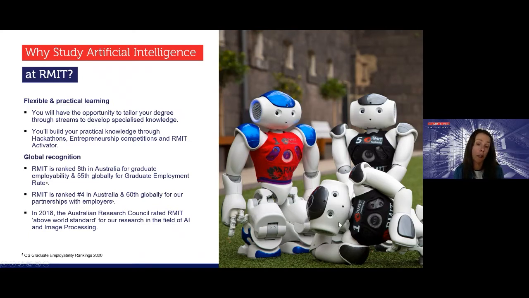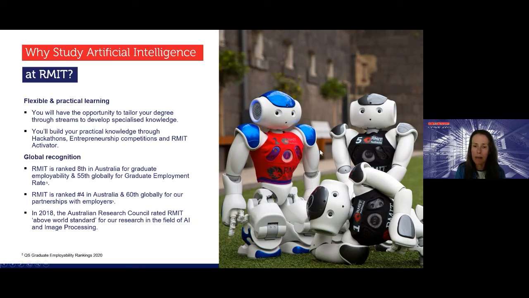So there are opportunities for hackathons and entrepreneurship competitions, organised through our relationship with RMIT Activator, who work alongside a lot of industry connections and industry startups in Melbourne and indeed across Australia and the wider region. And RMIT as an institution itself is globally recognised.